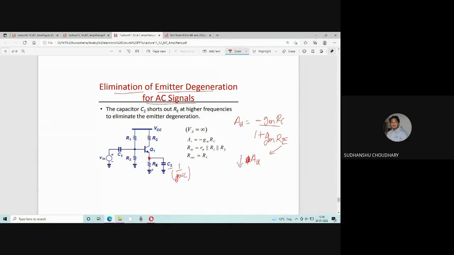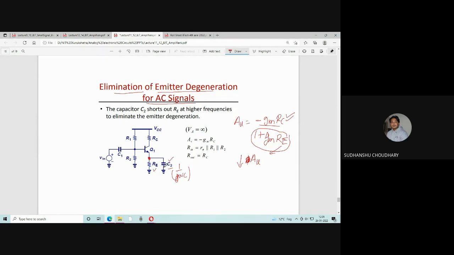So this resistor will be shorted. So when the resistor is shorted, obviously no RE here, so this term will be gone. So you are left with only this much as gain. So the gain of this circuit is now better. DC bias stability is also better, because we have RE. Now AC gain is better because you have C2 here.